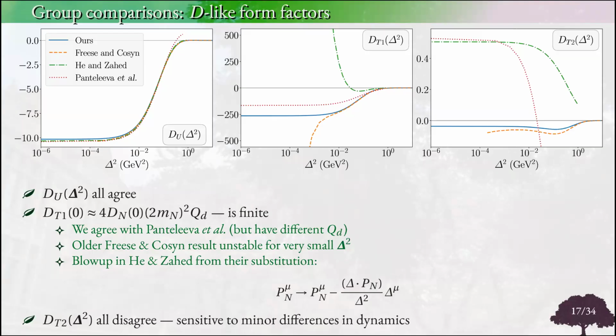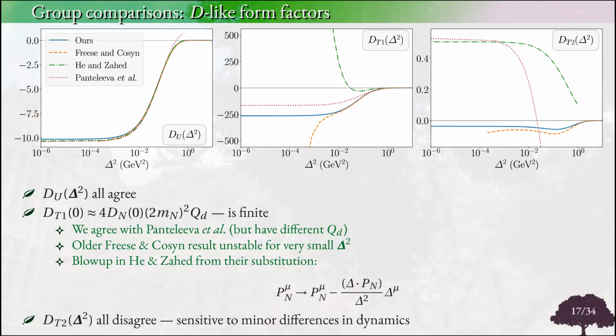As for D_T2, they all disagree. D_T2 seems to be extremely sensitive to minor differences in dynamics. It's basically defined to be the leftover structure after you sorted everything into structures that you had a good physical interpretation for. There's no forward limit that's constrained by deuteron properties.